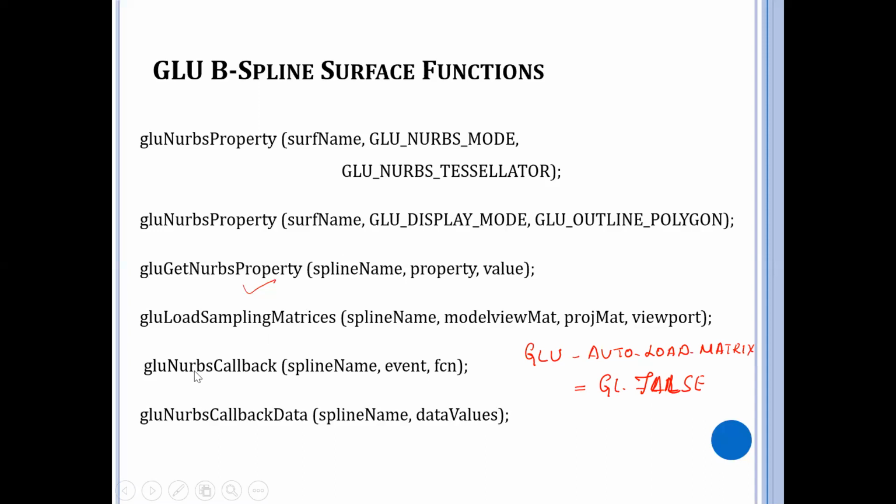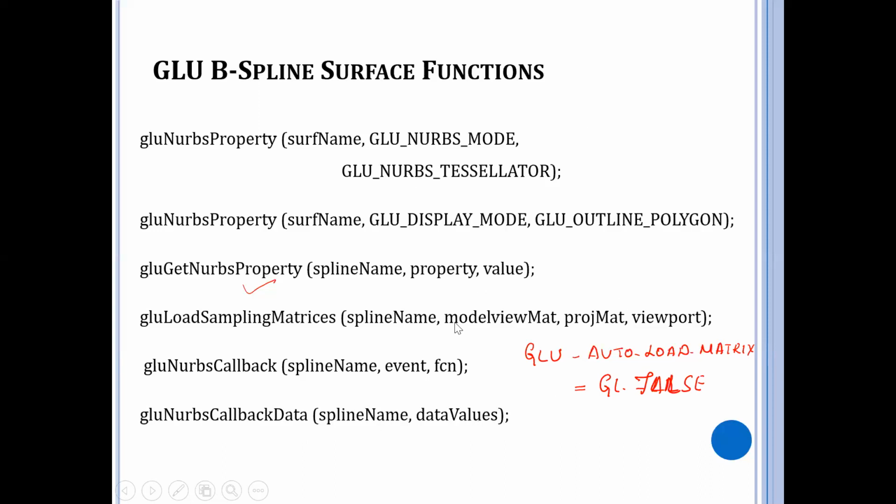Various events associated with the spline objects are processed using the callback function. Finally, the data values for the callback functions are supplied by using the function NURBS callback data.